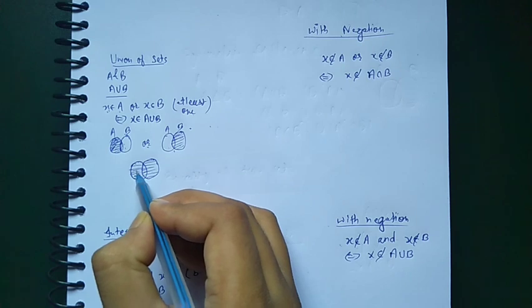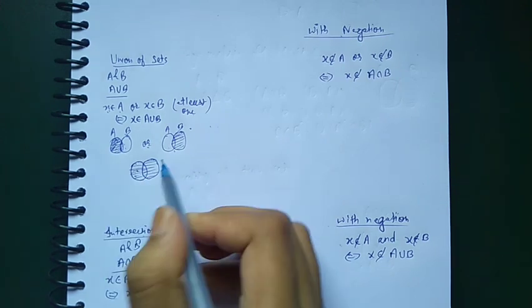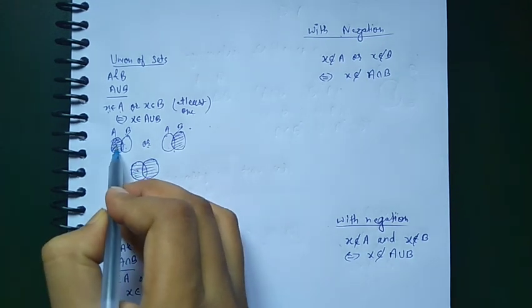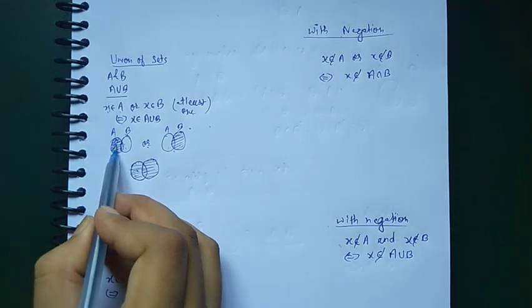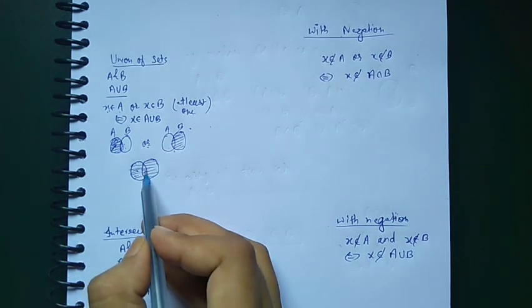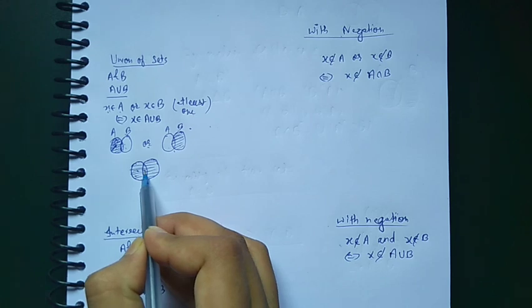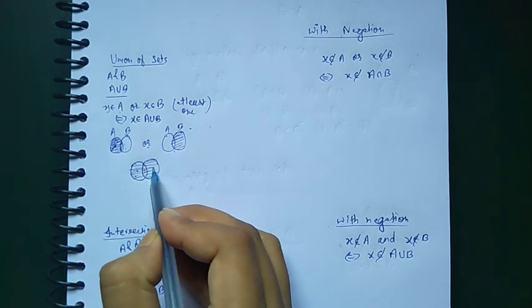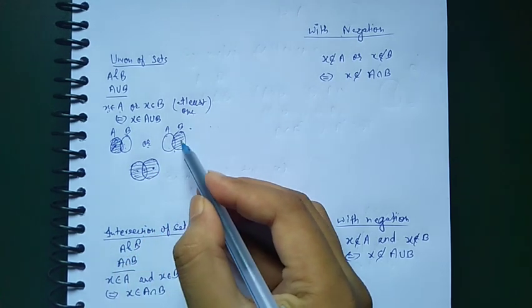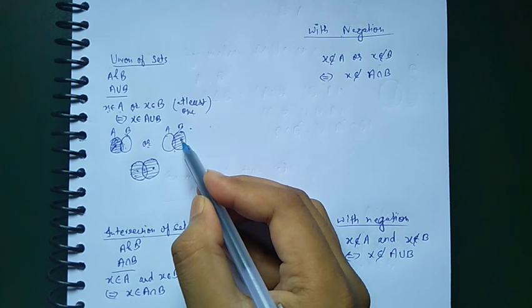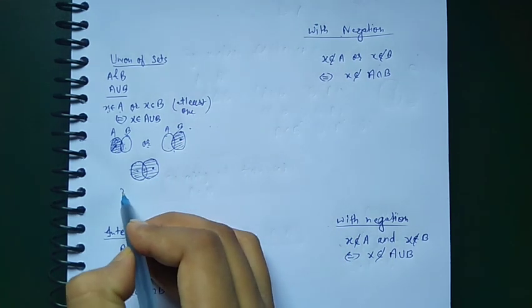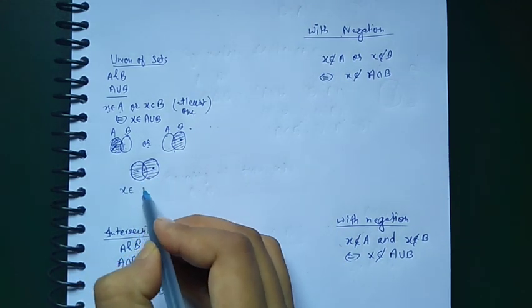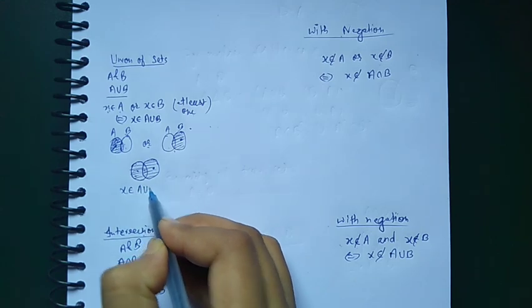If we take X here, then the first Venn diagram is satisfied. If we take X in this intersection region, then both the Venn diagrams will be satisfied. If X is taken here in this region, then the second Venn diagram is satisfied. So X belongs to A union B.